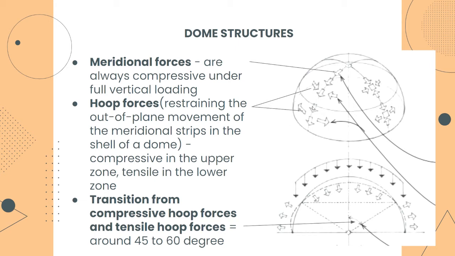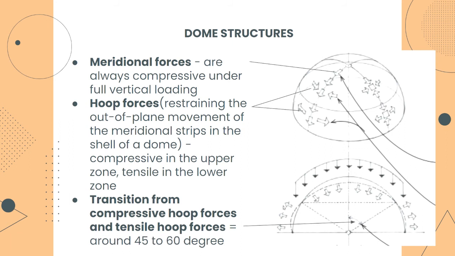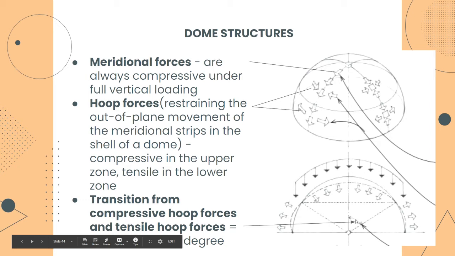The hoop forces restrain the out-of-plane movement of the meridional strips in the shell of a dome. They go in a different way from the meridional. They are compressive in the upper zone and tensile in the lower zone. The transition from compressive hoop forces to tensile hoop forces is here, around 45 to 60 degrees.